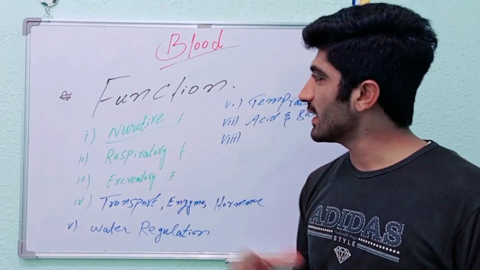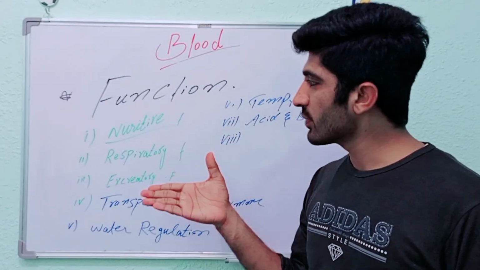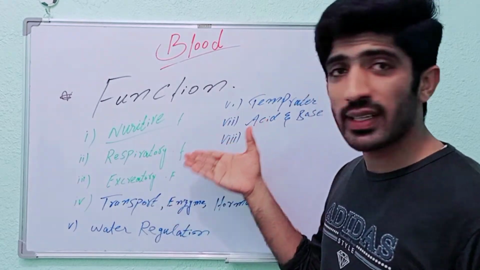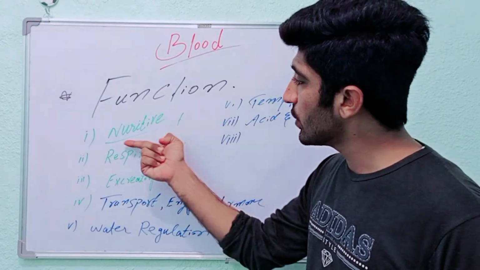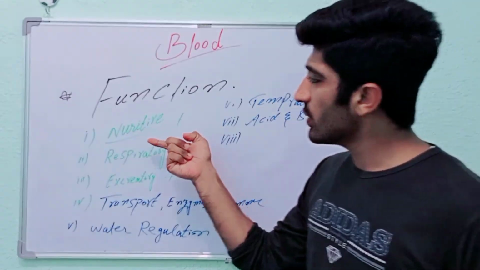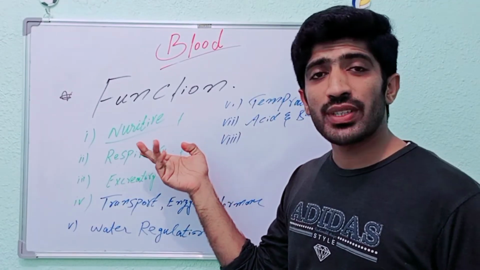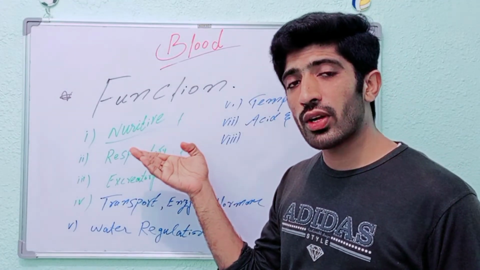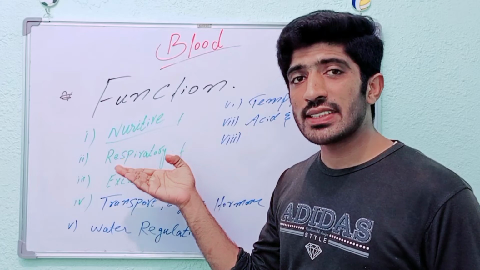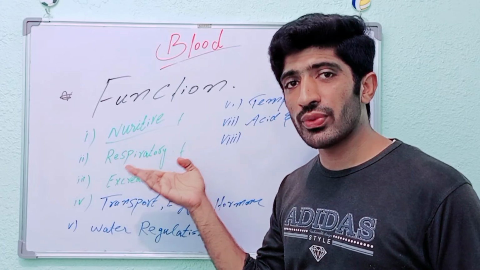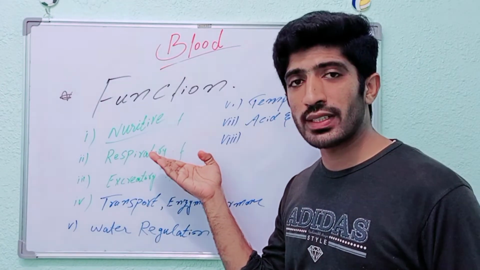Now we have to discuss function of blood. There are a lot of functions of the blood. First is the nutritive function. Students, a lot of proteins, vitamins, lipids, carbohydrates are carried from the digested food to the circulatory system.